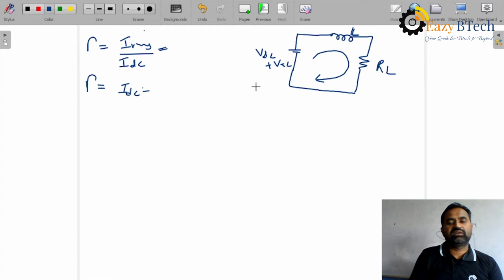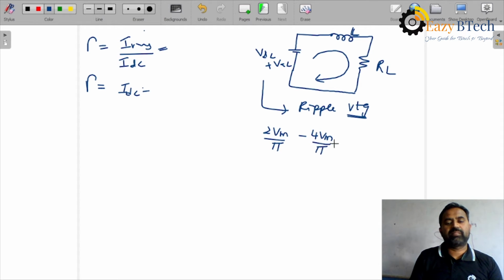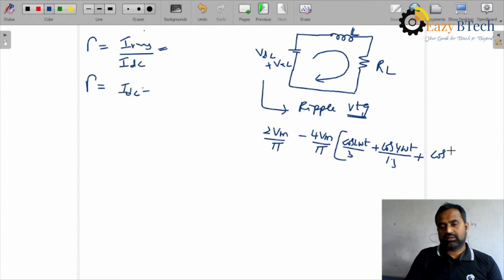IDC is equal to the ripple voltage, that is 2 Vm by pi minus 4 Vm by pi into cos 2 omega t by 3 plus cos 4 omega t by 15 plus cos 6 omega t by 35 plus so on.